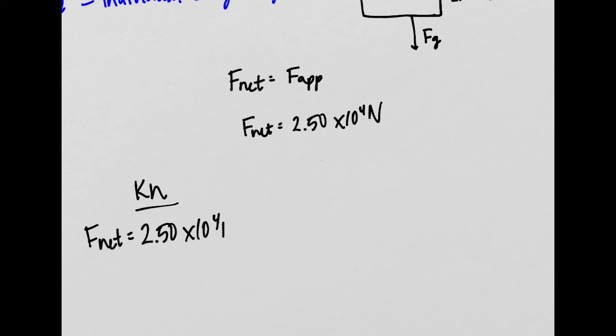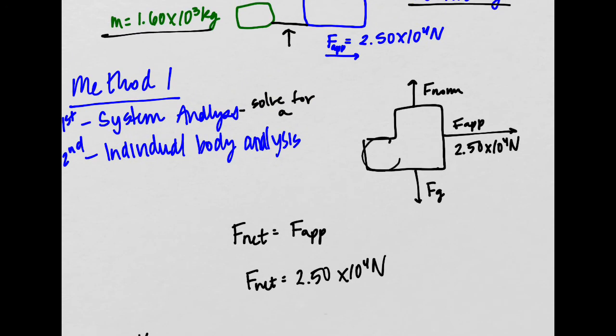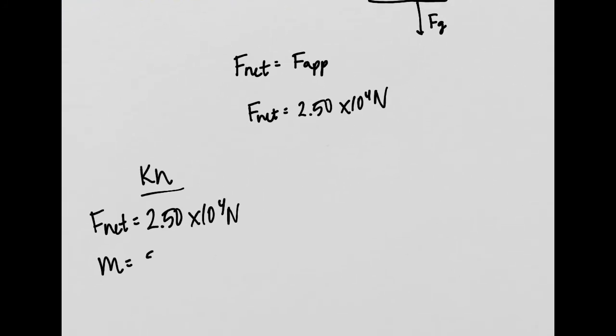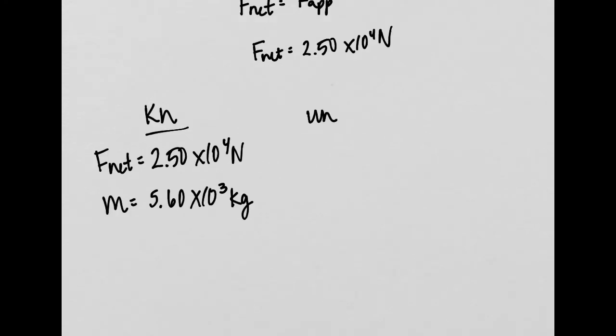We also know our mass. Remember, with a system analysis, the mass of the car plus the mass of the truck is the total mass of the system now. So we need to add these two together. It's going to be 5.60 times 10 to the 3 kilograms. Our unknown is our acceleration, and our equation is the one we've been using. It's just Newton's second law equation, and we'll rearrange to solve for acceleration.